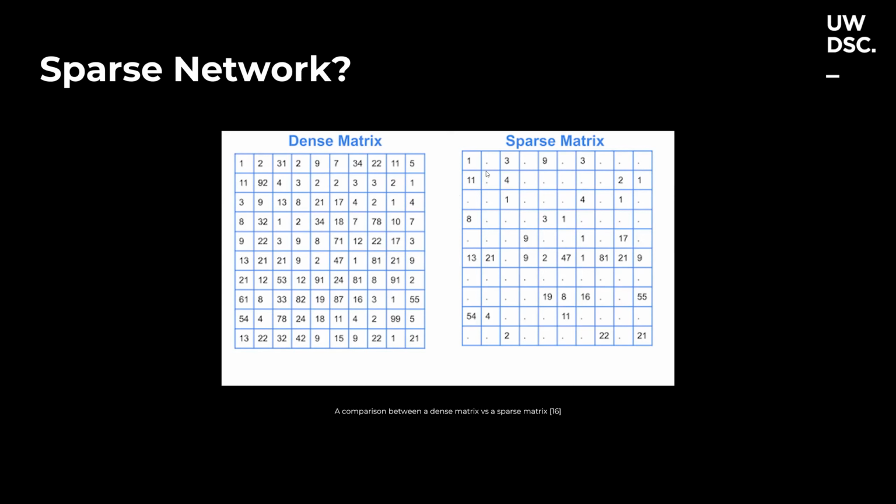And multiplying by a matrix of mostly zeros would be very computationally efficient, since multiplying by 0 is very fast and very easy to do. So we will want our weight matrix to be sparse, so mostly zeros.